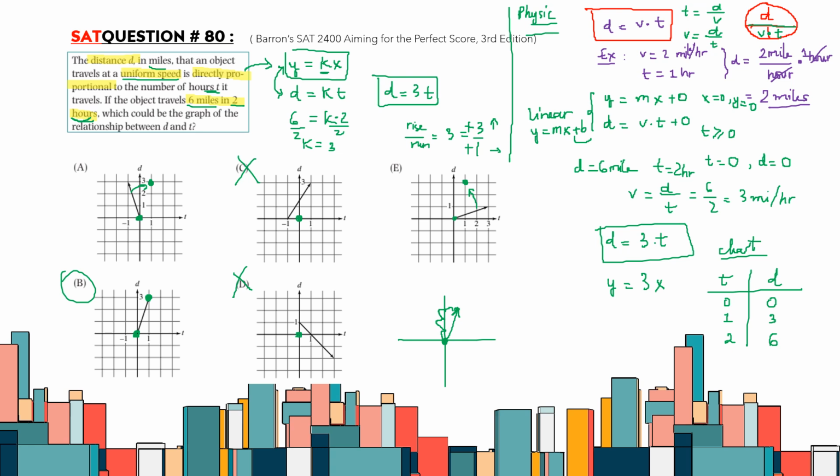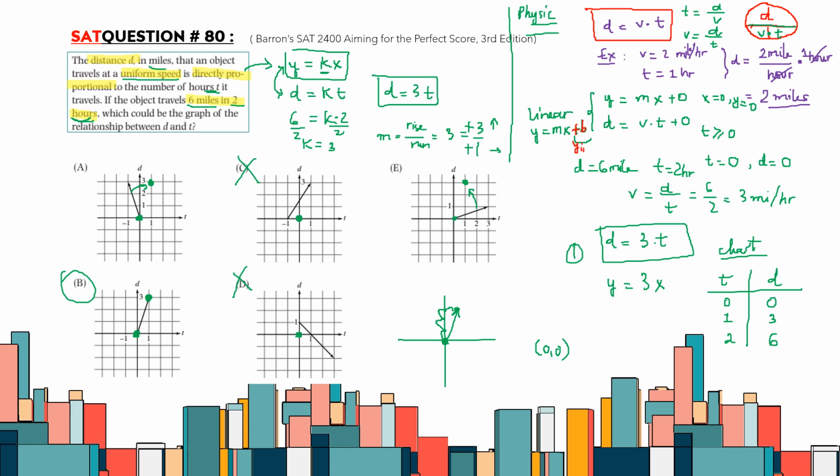So the first method is you use the chart. The second method is you use the slope m to draw the graph with the origin at 0, 0. Since we don't see the plus b right here, that is the y-intercept as we know.